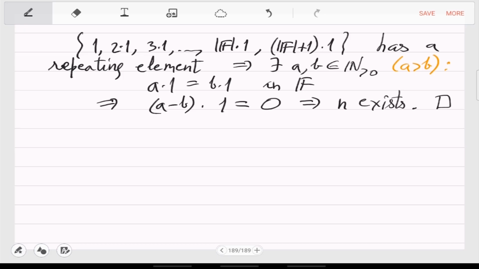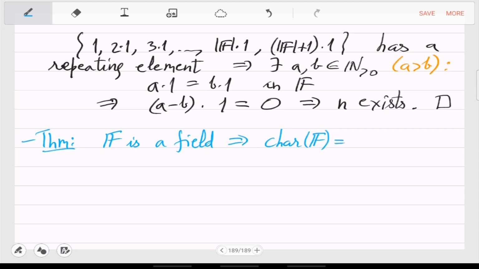So what is more interesting is that the characteristic of a field is always a prime number. So either the characteristic is 0 or prime.